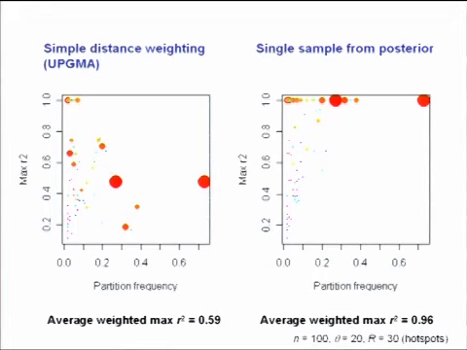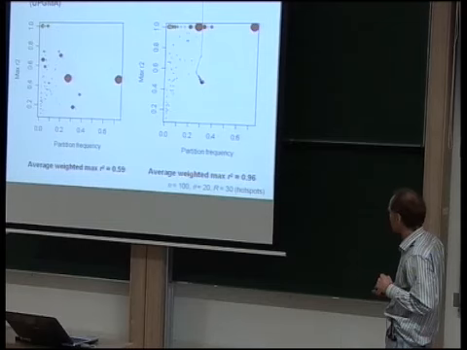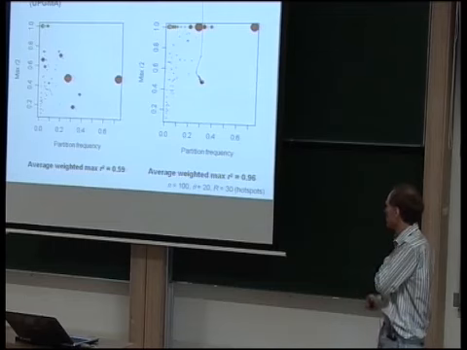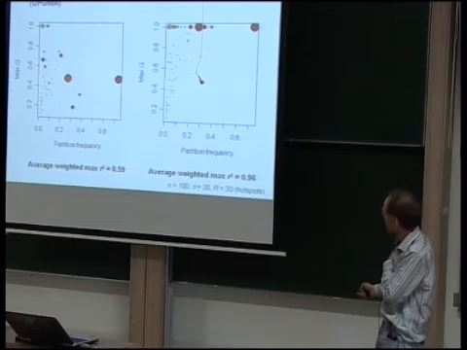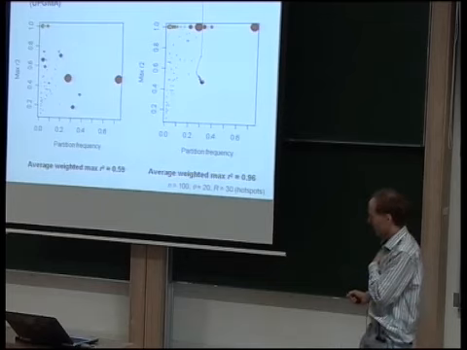But if you do this more sensible thing, what I think is a more sensible thing, of trying to take samples from the pseudo posterior, your average weighted maximum R squared for these bipartitions is very good, and this is still quite a difficult situation that I've given myself. Okay.